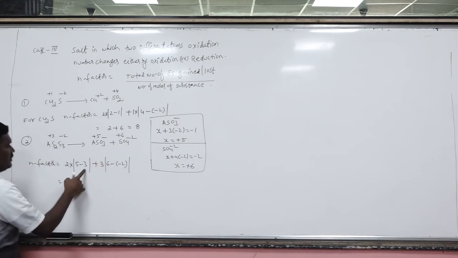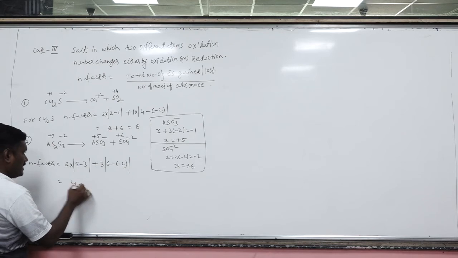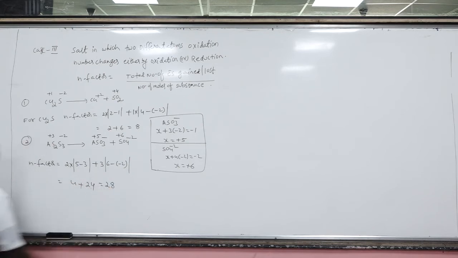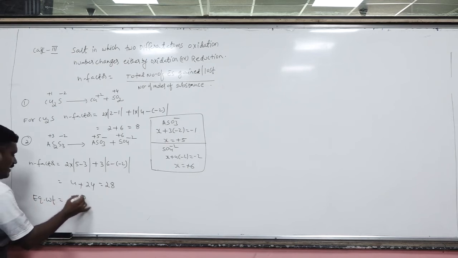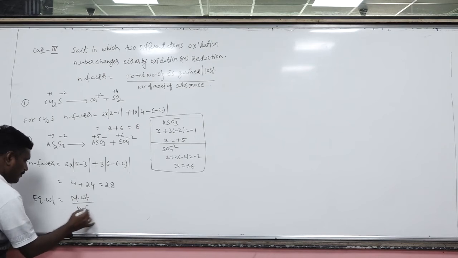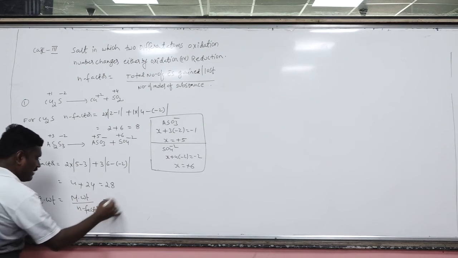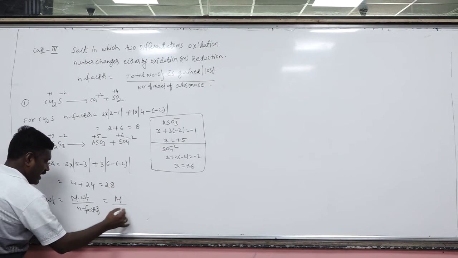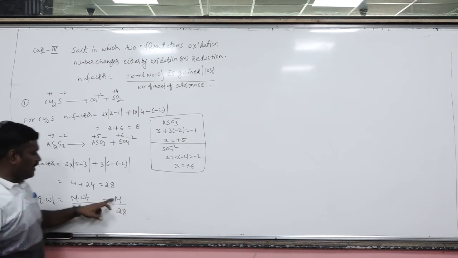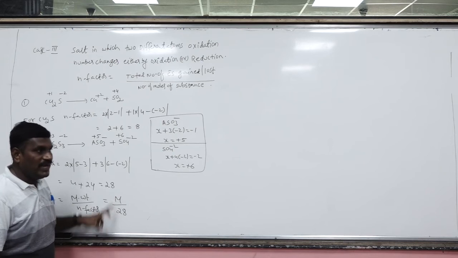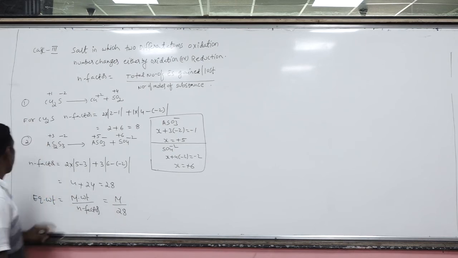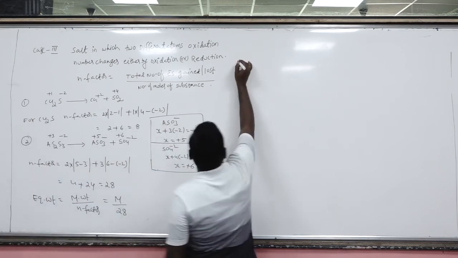So here 5 minus 3, 2, 2 2s are 4, plus 8 3s are 24. So total will be 28. N factor is 28. Suppose the question asks for the equivalent weight. Equivalent weight is equal to molecular weight upon N factor. Let's suppose molecular weight is M. N factor is 28. Options will be provided like M by 28, M by 24, M by 12 and so on. Okay. Now come to the third example.